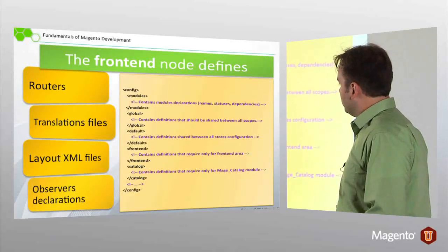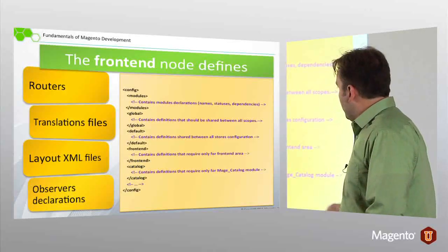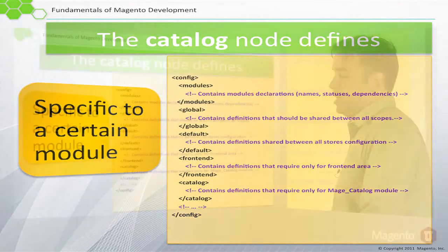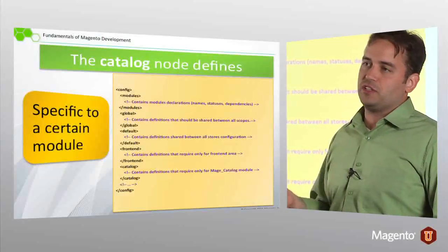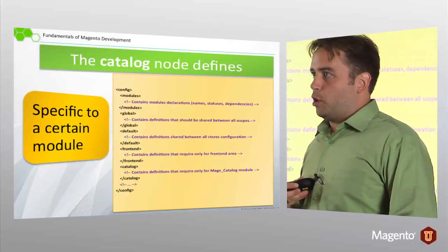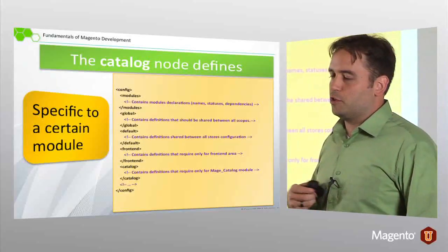So here or here. And then that takes us to something like catalog, which is basically a namespace node up to you. If you have your own module, you could put your module here and have some basic configuration there. That would be a great way to have some default configuration for your module. So when you hand out your module, you can specify something here, and then you would have a class that just uses Magento's configuration parsing ability to retrieve those values.